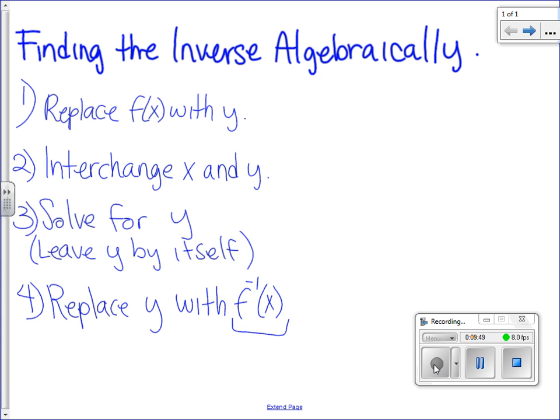Okay? So what I'm going to do first, the other paper that you picked up, the one that looks like this, is called Function Inverses. We're going to solve example number 9.